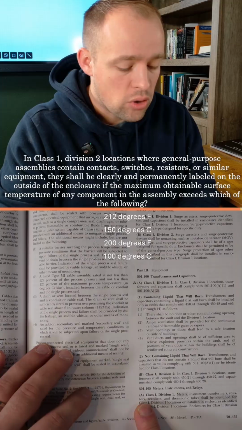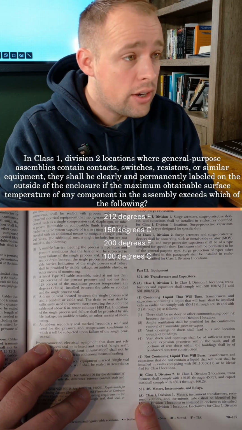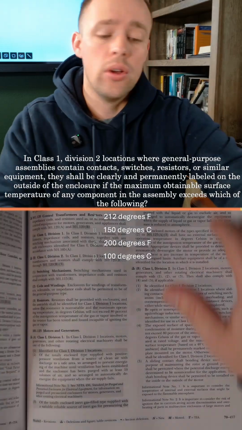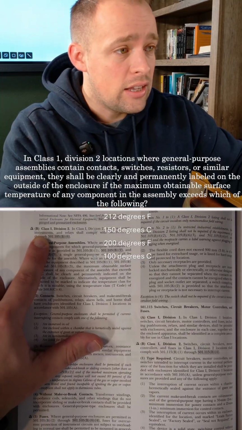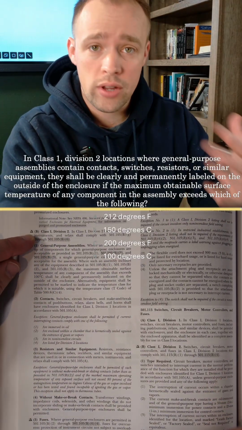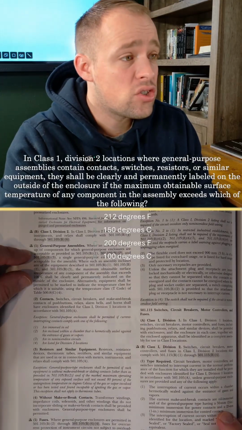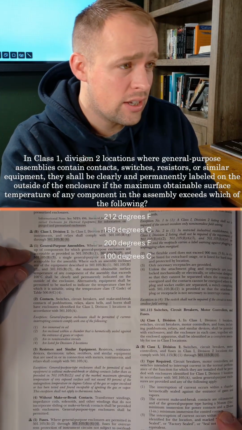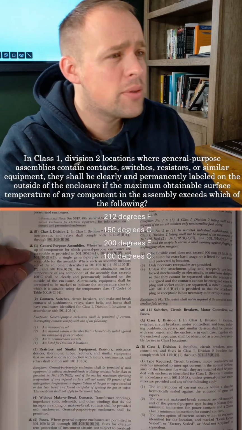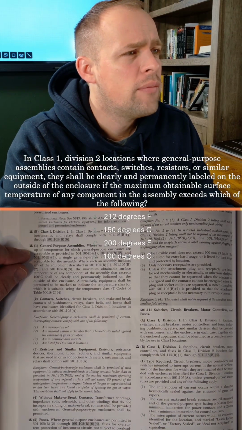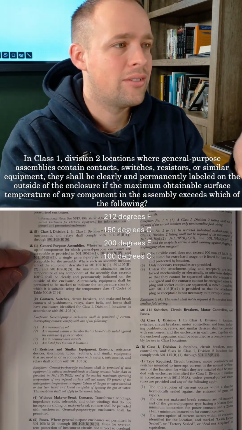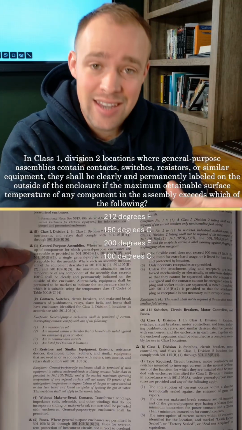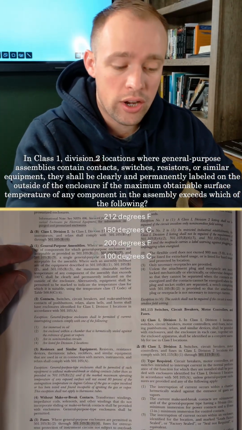So let's just read. A is Class 1 Division 1, and our question says Class 1 Division 2. So let's go to B, and we're going to see Class 1 Division 2. So now we're in step with our question. 1 says general purpose assemblies. Class 1 Division 2 locations where general purpose assemblies contain, right? So I'm going to continue reading 1 here.